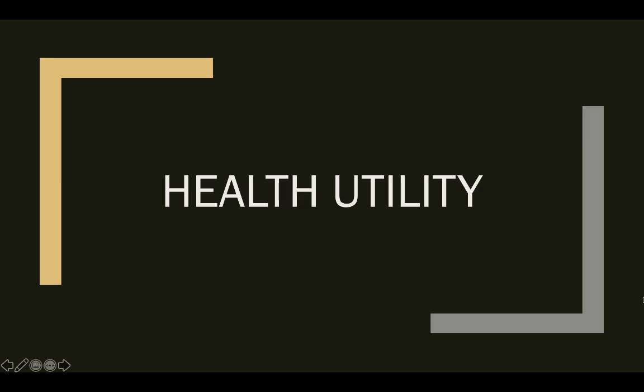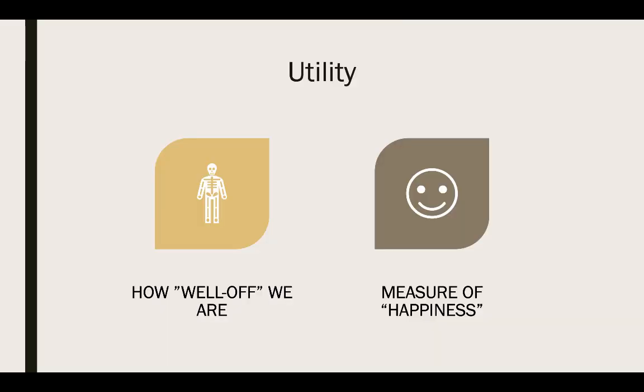So what in the world is health utility? Well, like I said, it's just how well off we are. It's a well-being measure. You can call it a measure of happiness. If I'm happy, my utility goes up. If I am healthier, in a more healthy state, my health utility increases.